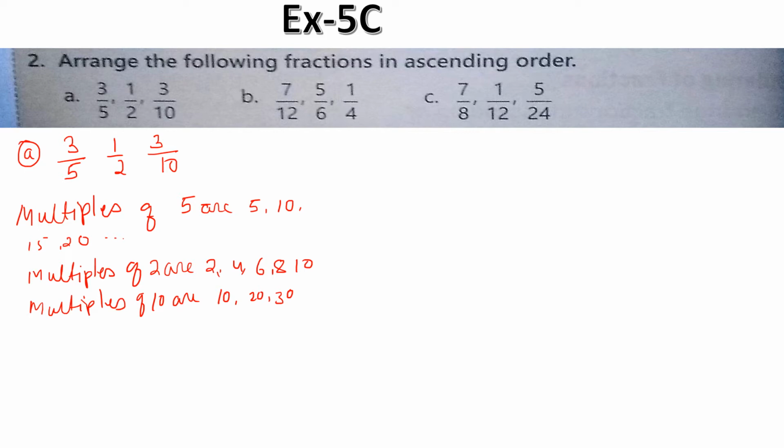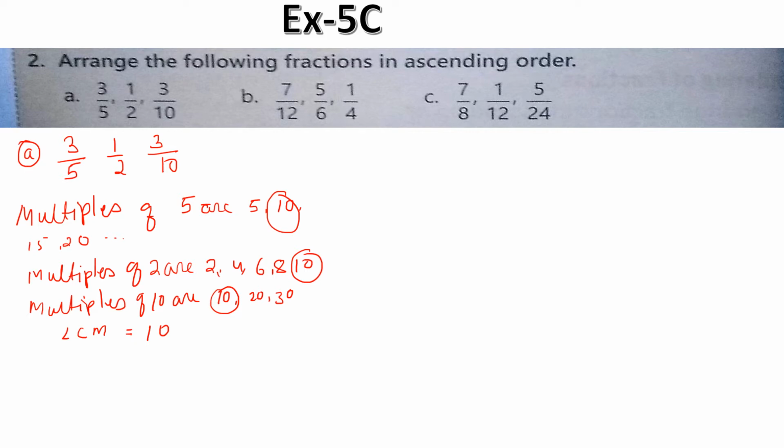Here we can see there is 10, here also 10 and here also 10. That means our LCM is equal to 10. Now we have to make all the denominators 10.